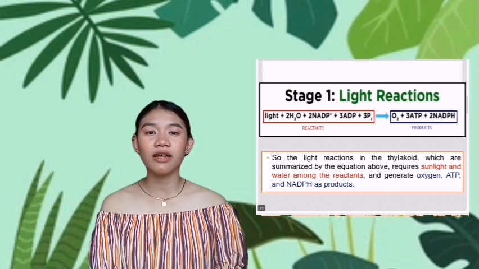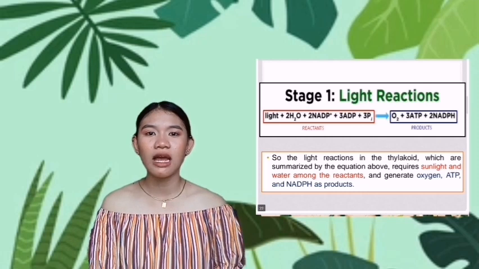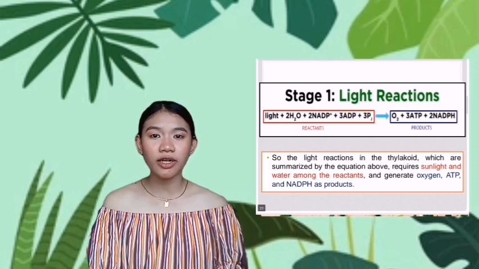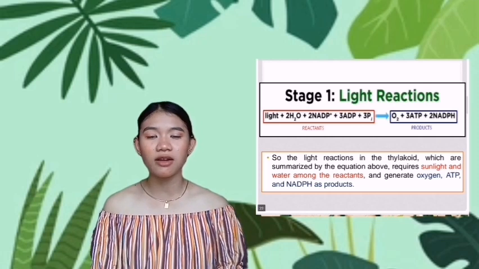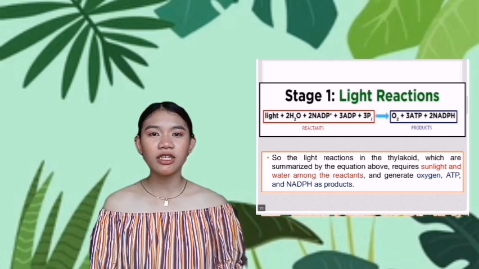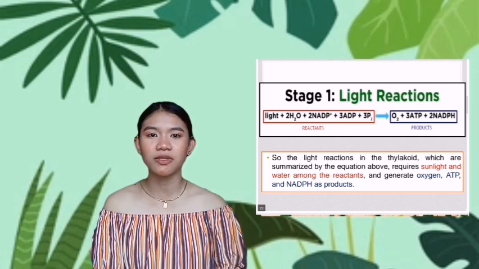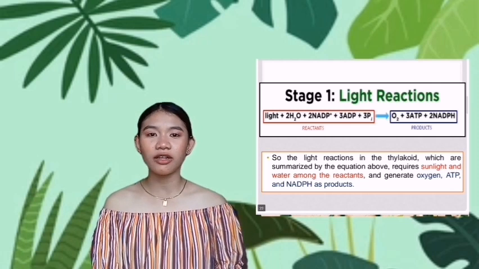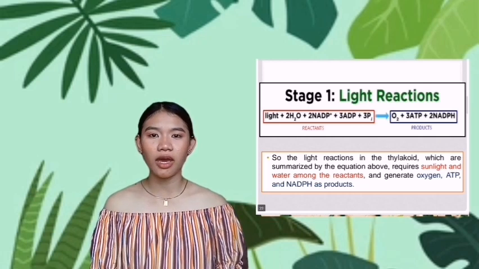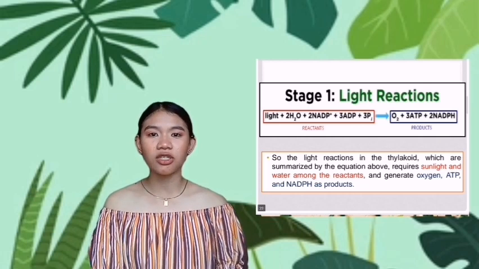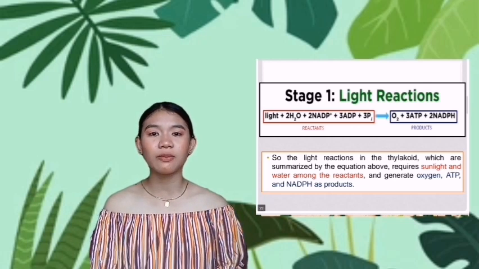As a result, in the light reaction in the thylakoid, the equation above summarizes that water and sun are the reactants, and the products are oxygen, ATP, and NADPH. The light reaction traps the energy from the sun and converts it into chemical energy that is stored in NADPH and ATP. Oxygen is released as the waste product.